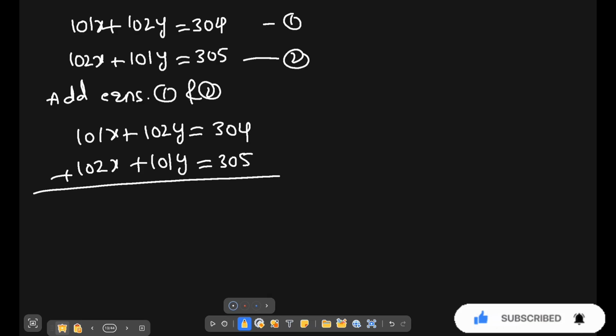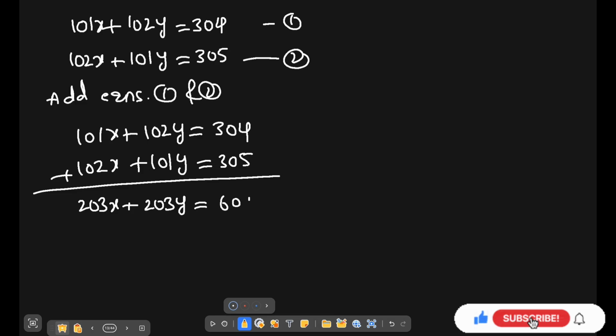Add. So 101x plus 102x is 203x. Next, 102y plus 101y is also 203y equals 304 plus 305.